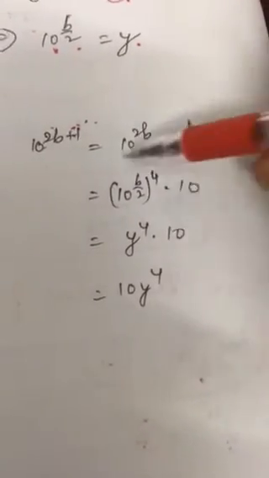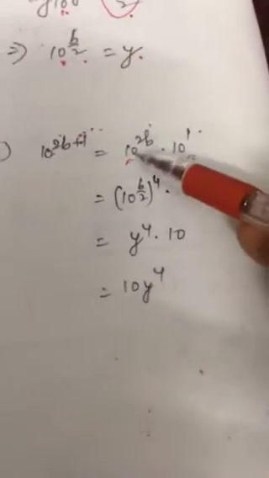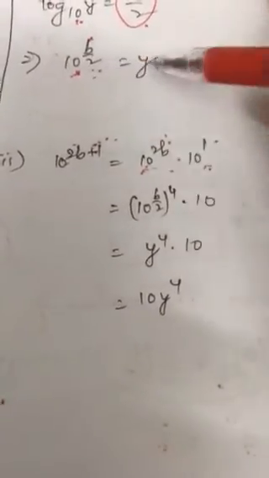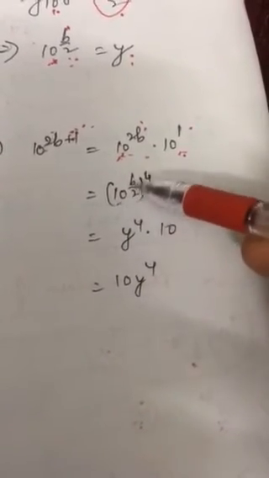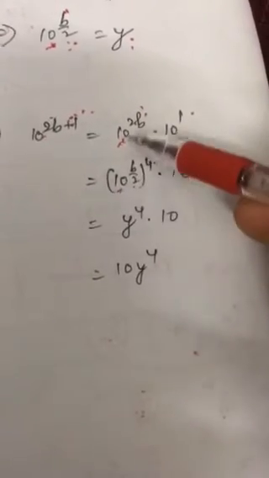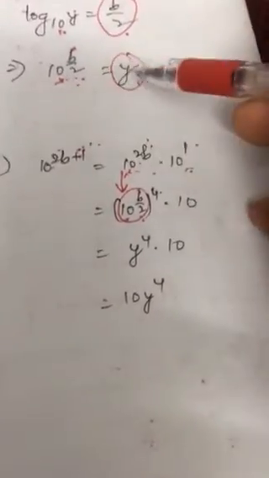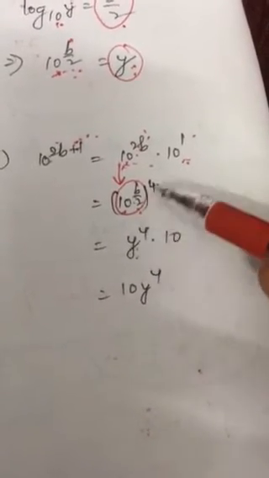So you can separate it as 10^(2b) multiplied by 10^1. Now the value of 10^(b/2) is y, so I convert 10^(2b) into 10^(b/2) to the power 4, because multiplying the powers gives 2b. So it can be written as y to the power 4.